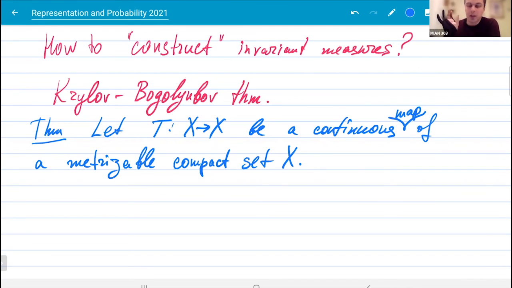So just take a compact set in some metric space and assume that T is a continuous map from X to X.